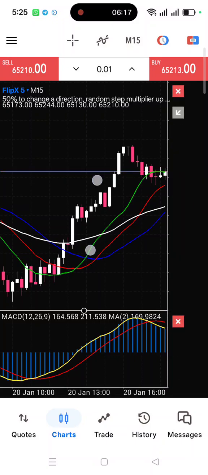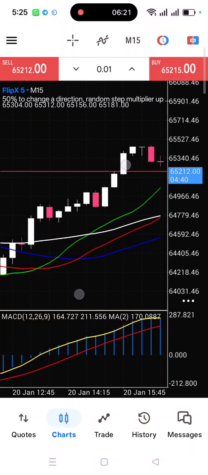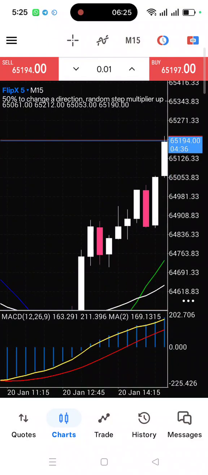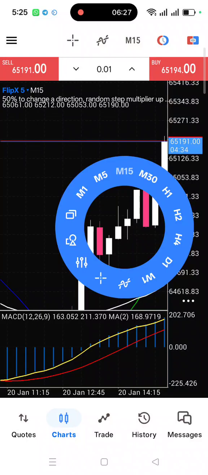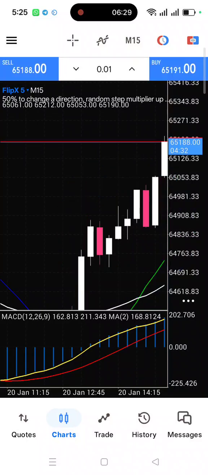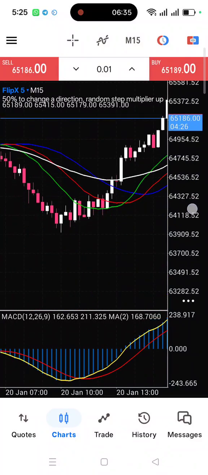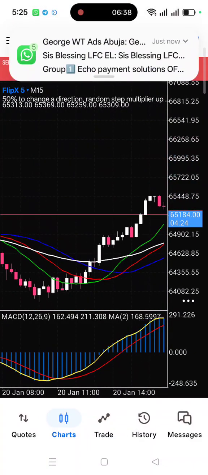Why these first two candles? The first one, you may not enter with it alone because it did not engulf the red candle, but even with the second one, it didn't engulf, but it's enough for you to enter. I haven't printed the second candle. So let's assume you enter this trade from here. So this was where you entered this trade.